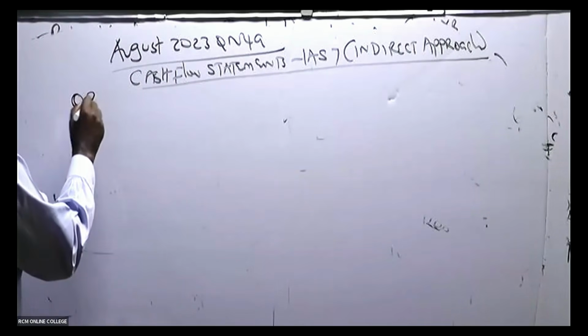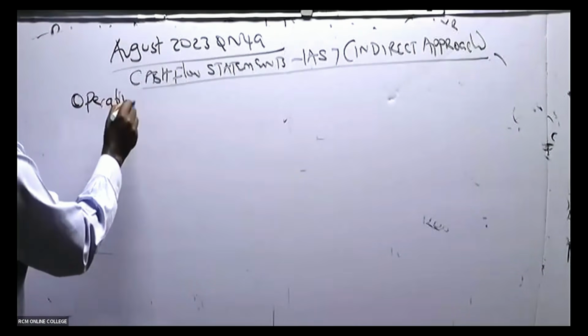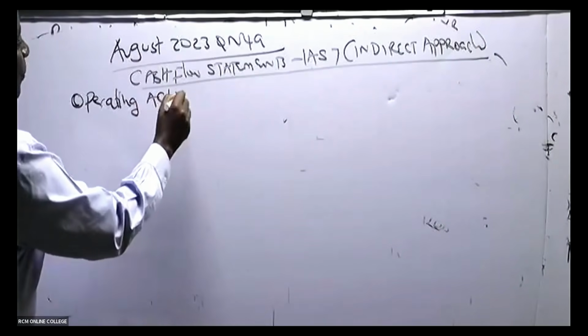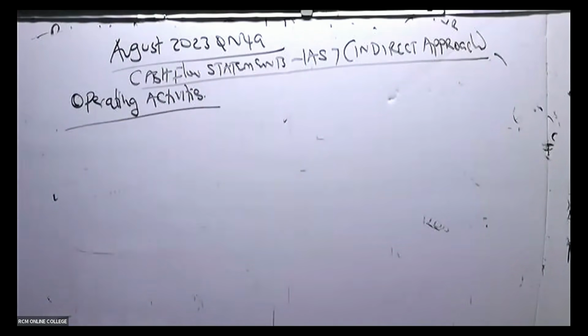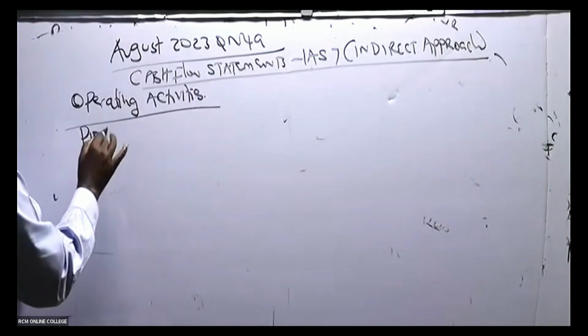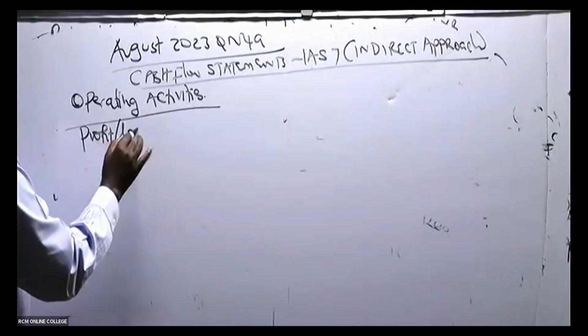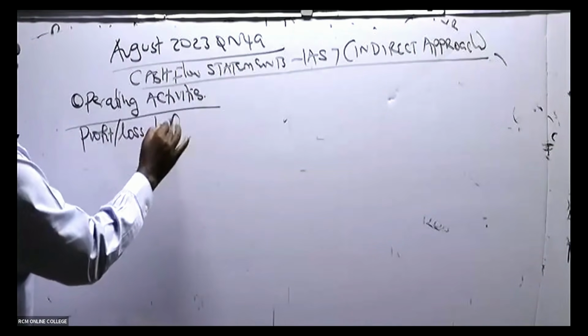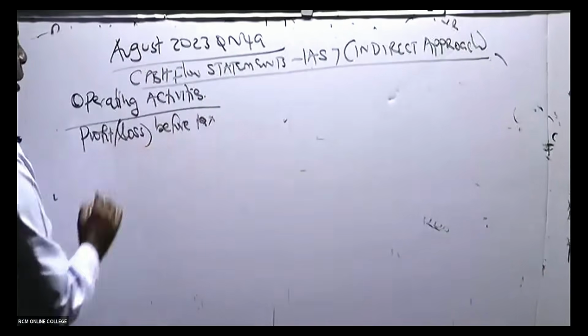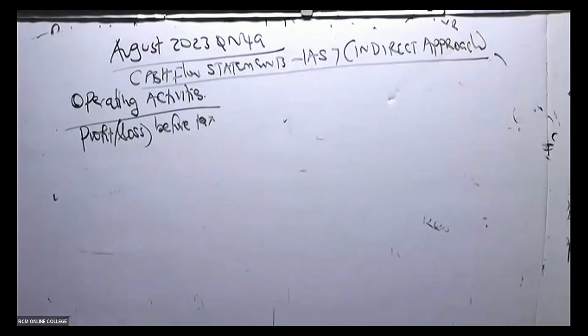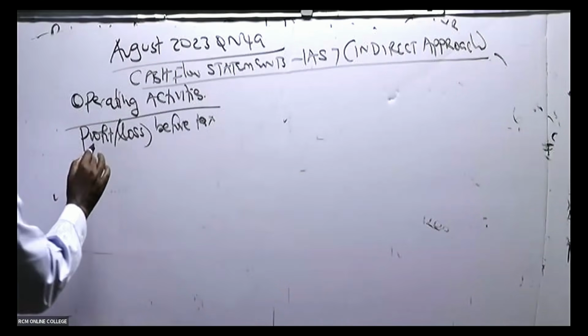So we shall start with operating activities, and remember we start with a profit or loss before tax. And then we come and do some adjustments.